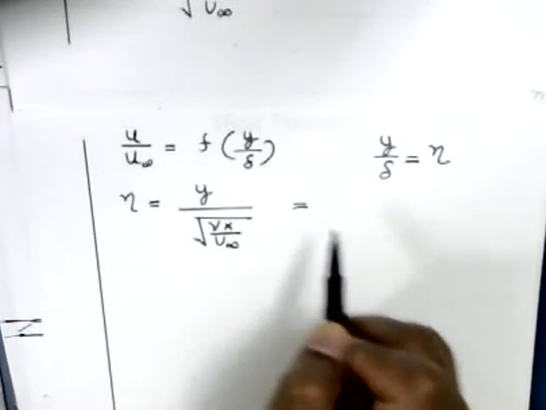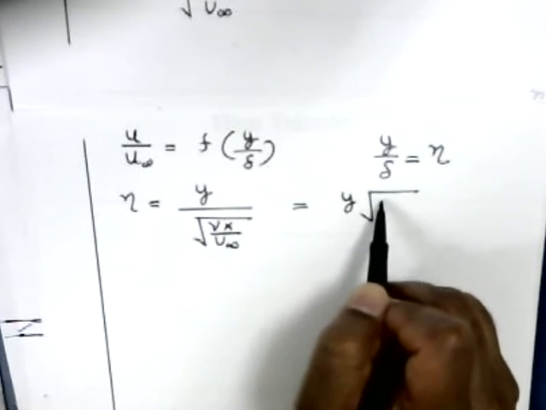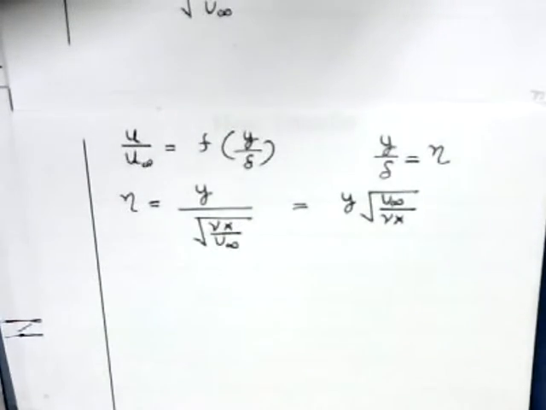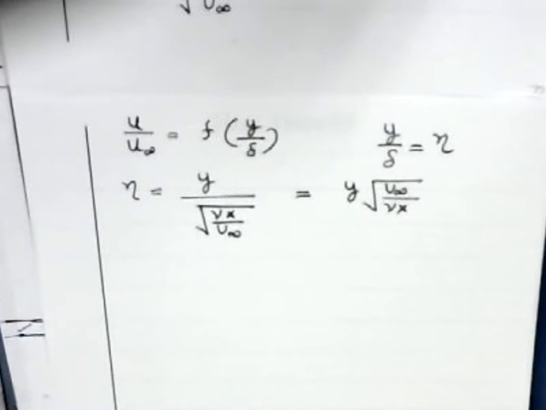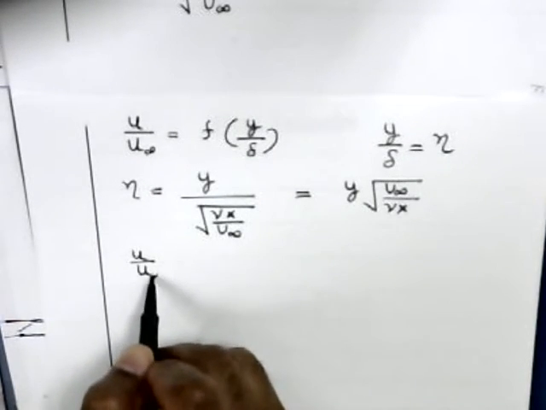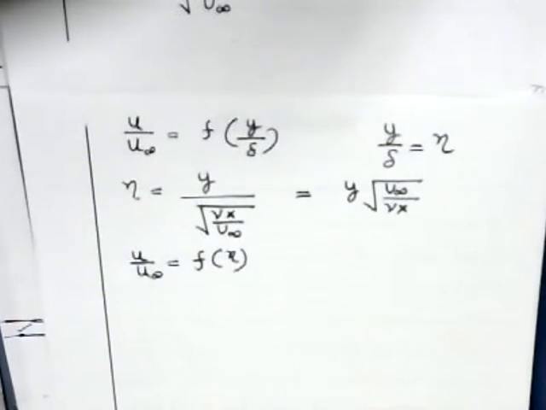So this gives us eta is of this form, y times square root u infinity over nu x. So u over u infinity is a function of eta.